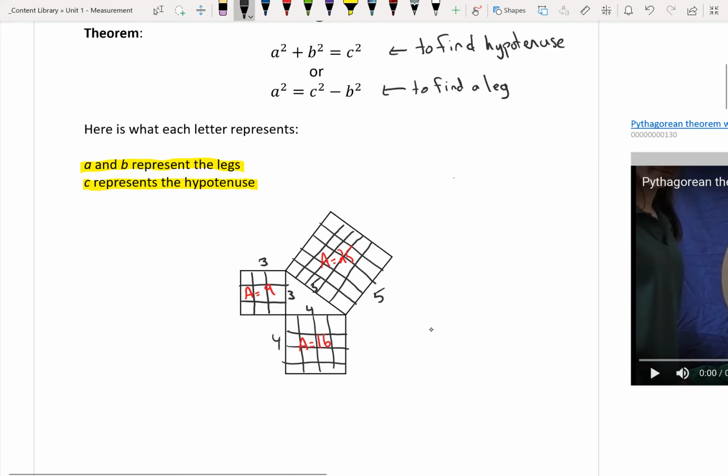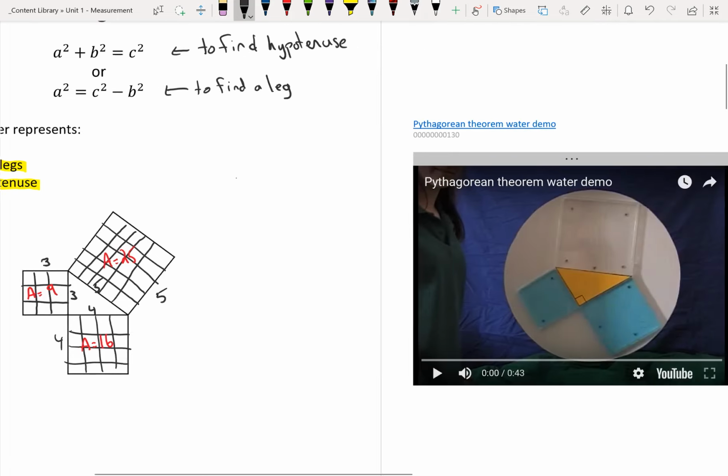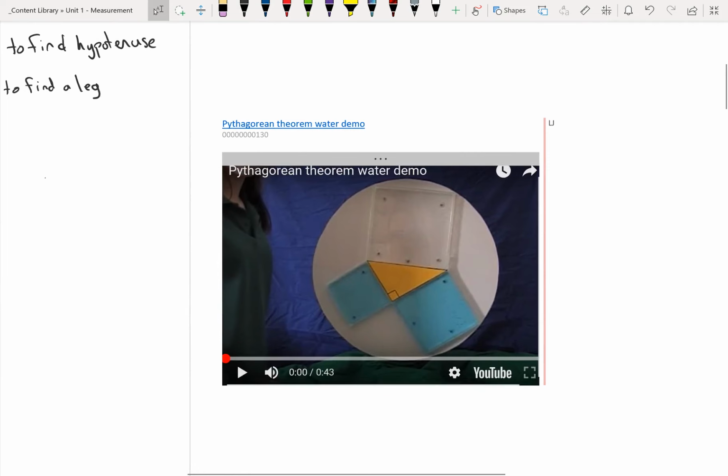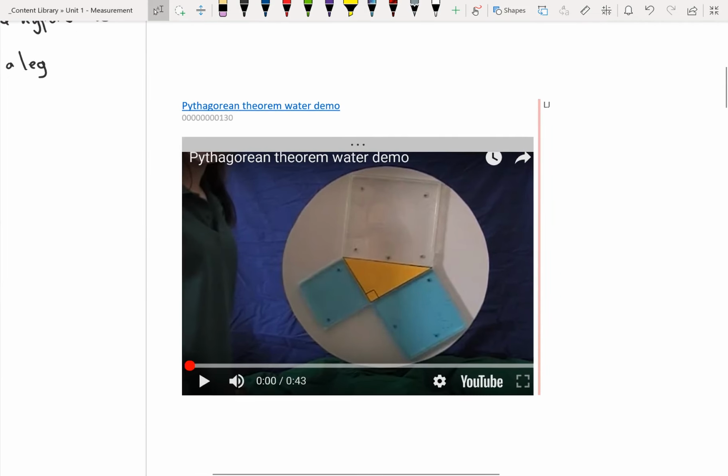So that's how you can end up finding your missing sides. And that's basically what the formula is saying. And if we want to take a quick look at the video over here, we can see the relationship.